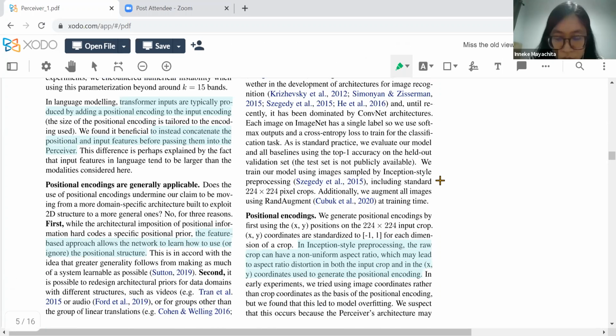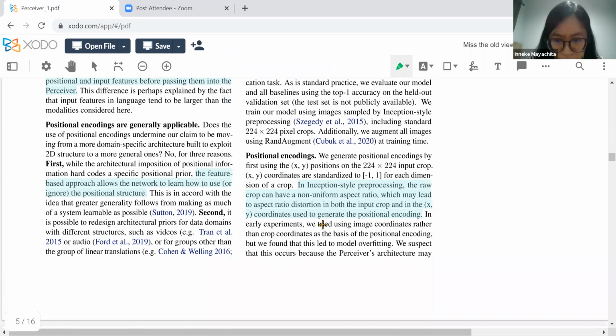There's something I'm not really sure about, which is what they mention here with the inception style preprocessing. They mention that for the positional encodings for the image, they do inception style preprocessing, which leads to distorted aspect ratio.